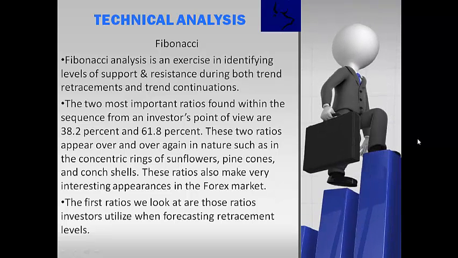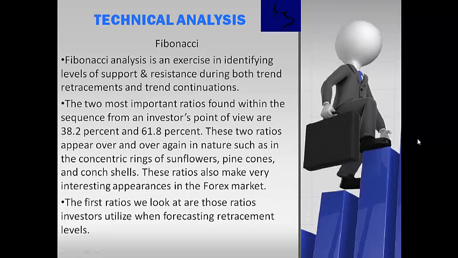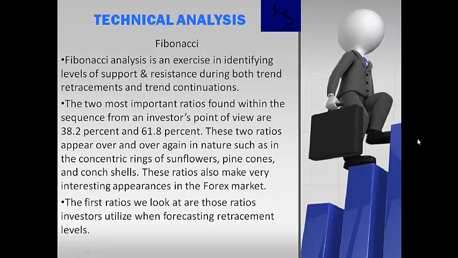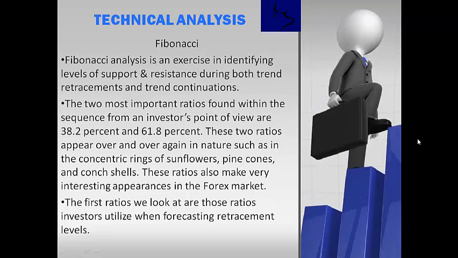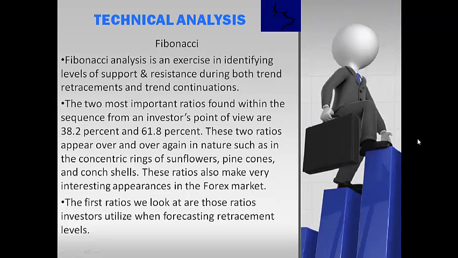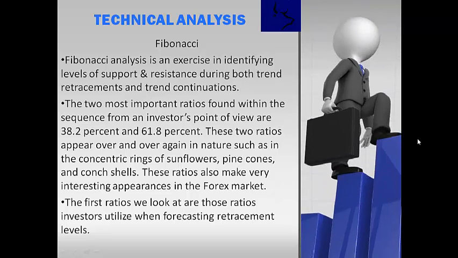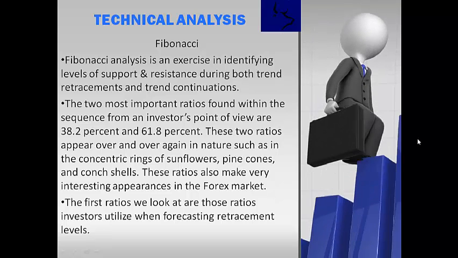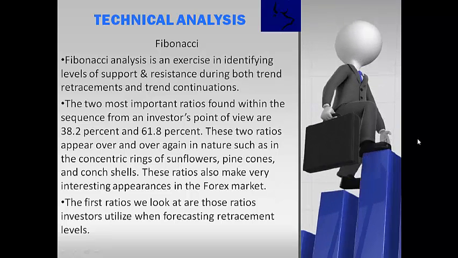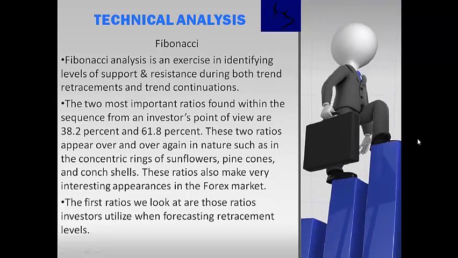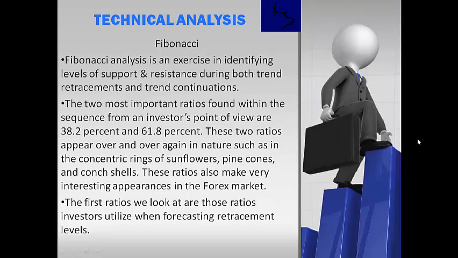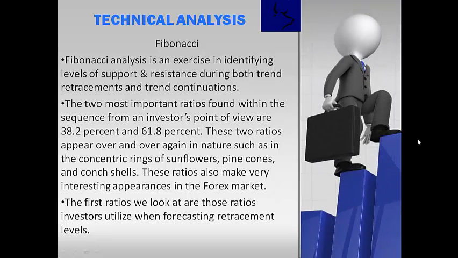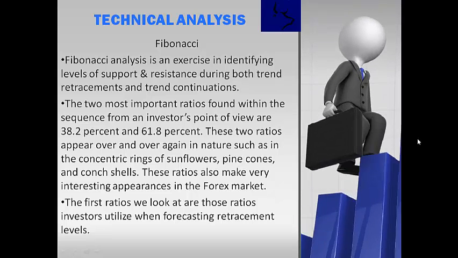However, the one that we tend to use the most, because it's the most reliable one, definitely is the Fibonacci. Fibonacci analysis is an exercise in identifying levels of support and resistance during both trend retracements and trend continuations. This is based on a series of numbers and ratios derived from the Fibonacci sequence.